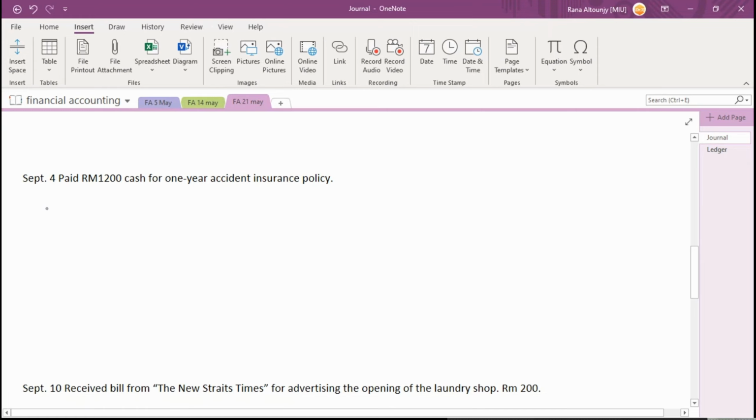So we have September 4, debit insurance expense, credit cash. The amount is 1,200.